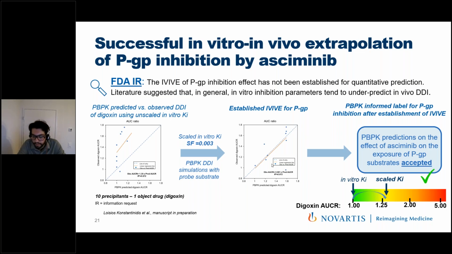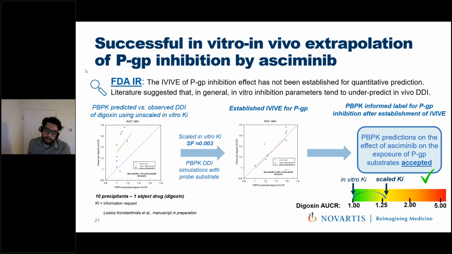And once the scaling factor was established, we applied it to the in vitro KI of our own drug, which, as you see on the graph down here, moved the prediction of the digoxin AUC ratio from 1.00 that we initially predicted with the in vitro KI to about 1.37 at 40 milligram BID.